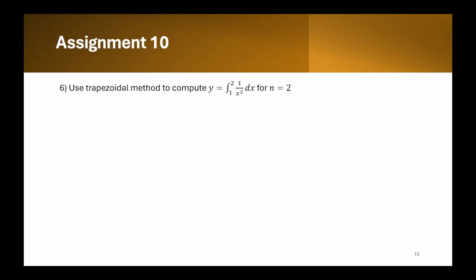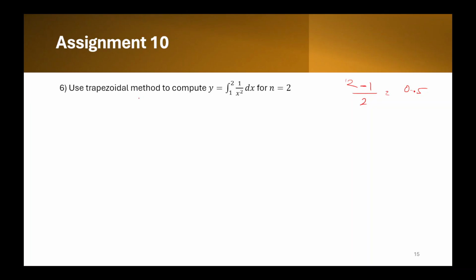Next question. Use trapezoidal method to compute y is equal to, from the limit 1 to 2, 1 by x square dx for n equal to 2. Okay. So 2 is the number of subintervals. So again 2 minus 1 by 2, we get 0.5.